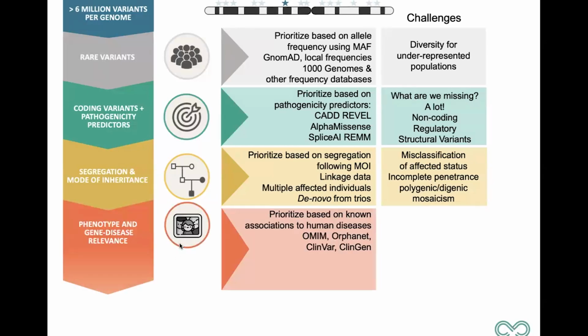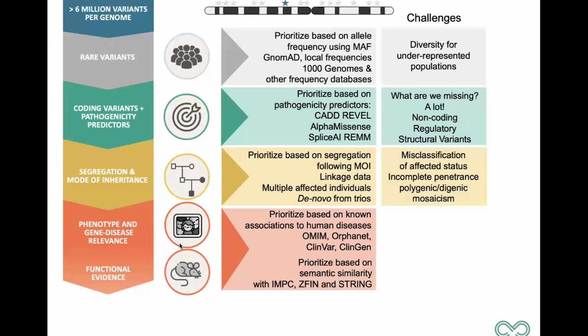The next filtering step is likely of particular interest to this audience, and it involves the deep phenotyping of patients' clinical features into standardized formats like the Monarch-developed Human Phenotype Ontology or the Phenopackets, and comparing these to phenotypic profiles of known diseases and model organisms.